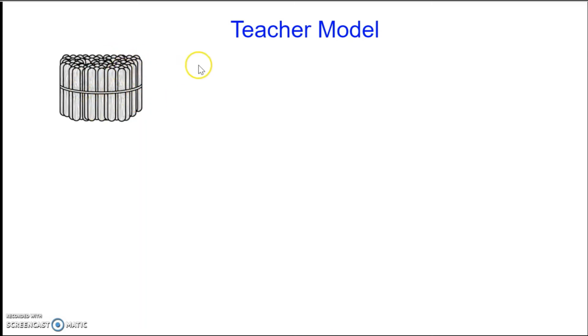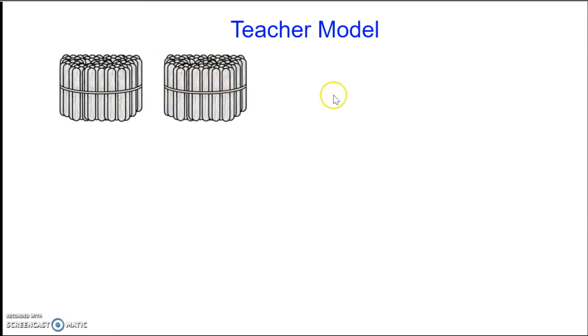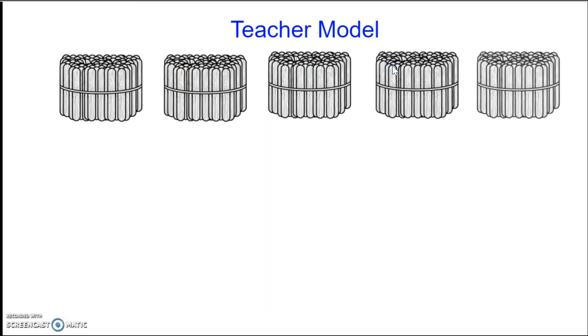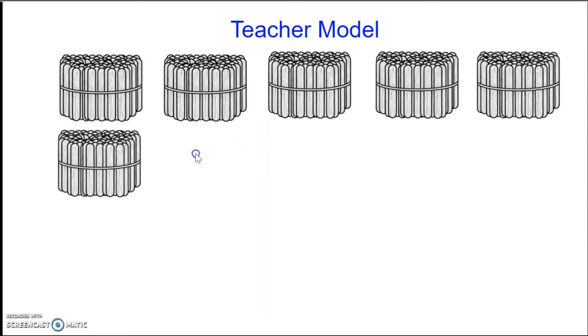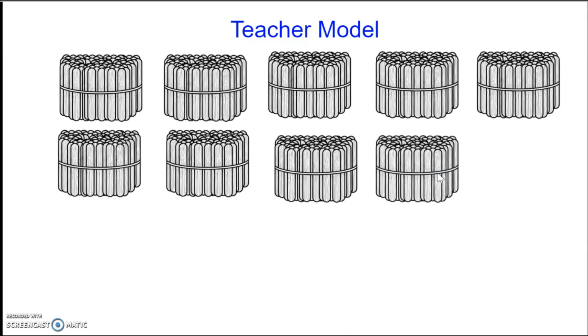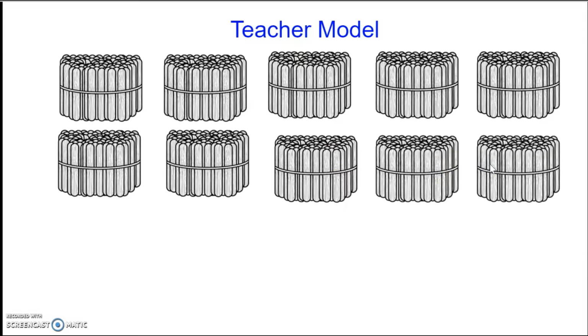Ready? 100 here, 200 here, 300, 400, 500, 600, 700, 800, 900, 1,000. So there are 10 hundreds in 1,000 because we always make one bigger group out of 10 smaller groups. 10 of a smaller unit makes one of the next largest units.